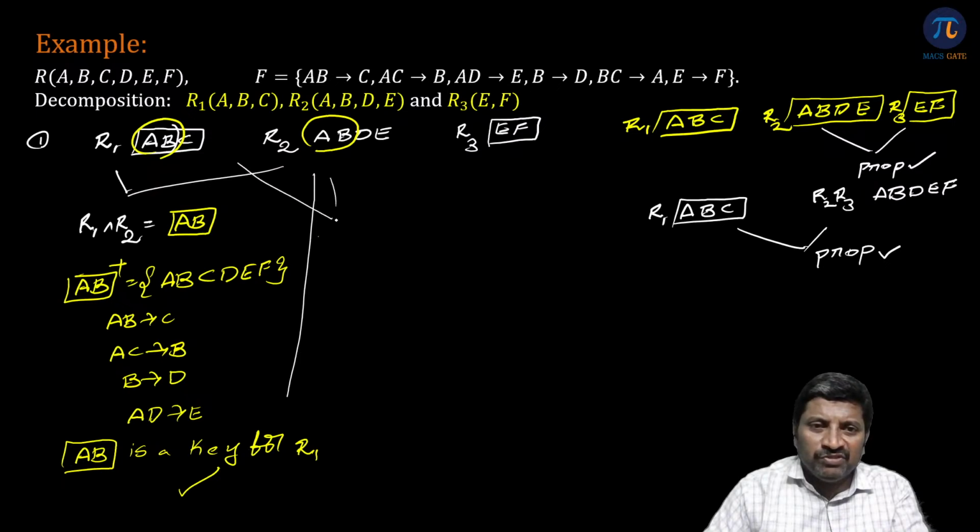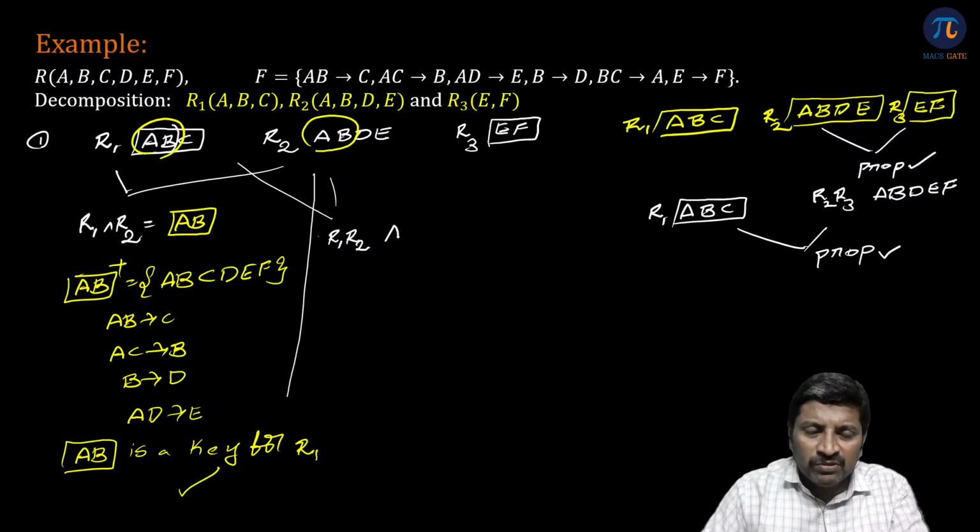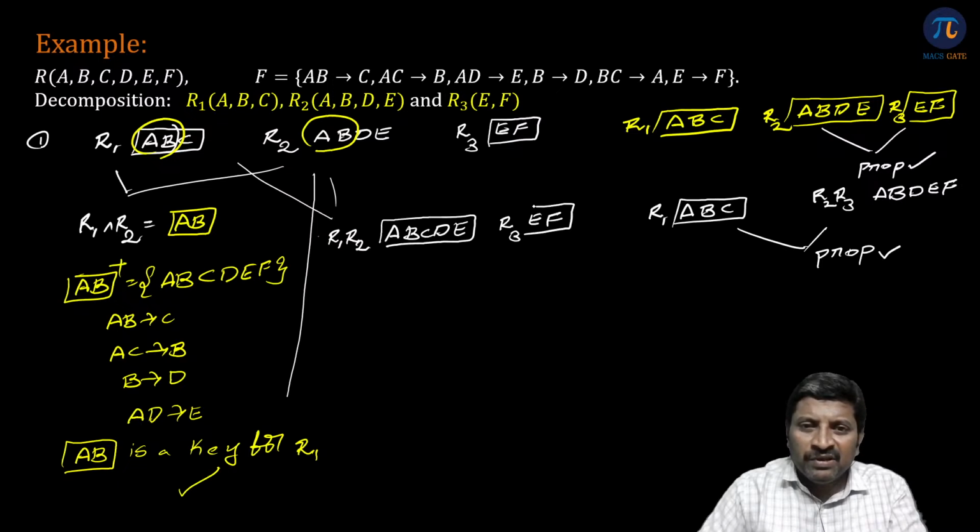Combine these two. To combine these two, R1, R2: A, B, C, D, E. What is the third element? E, F. Now, what is the common attribute for these two?